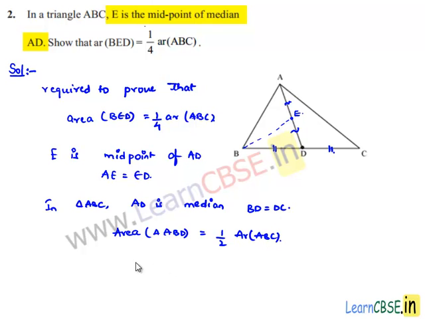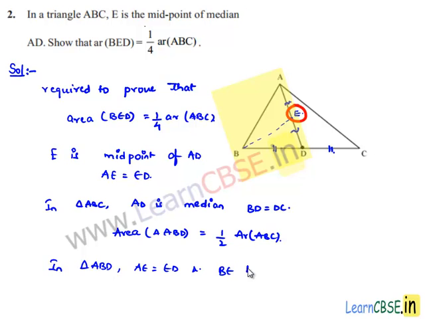Now again, if we consider from the figure in triangle ABD, as E is the midpoint of AD, AE will be equal to ED and therefore BE will be the median. Therefore, in triangle ABD, the median divides area of triangle ABD into two equal halves.